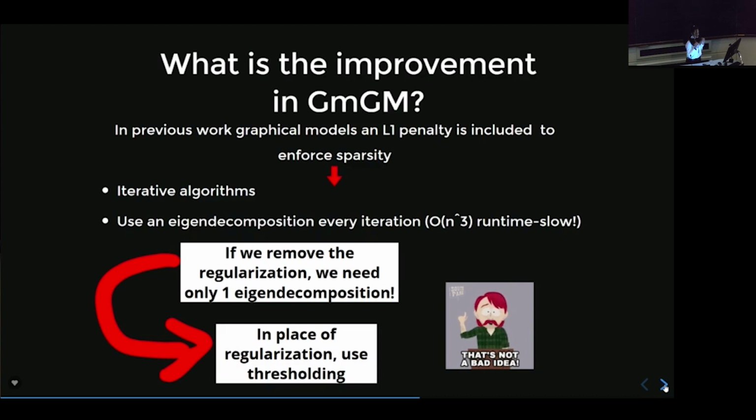Now, the main idea is that if we remove that regularization, we will only need one eigen decomposition. And then if we ensure the sparsity some other way, we can reconstruct our precision matrix. So in place of regularization, we used thresholding.